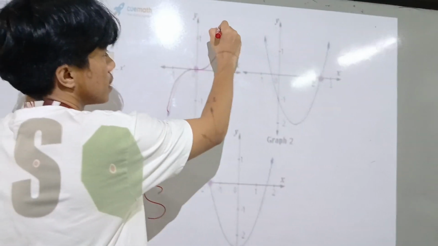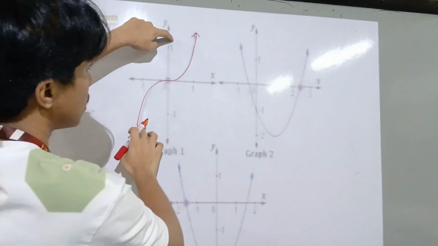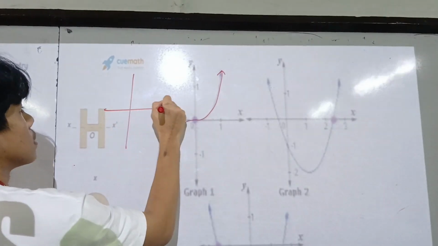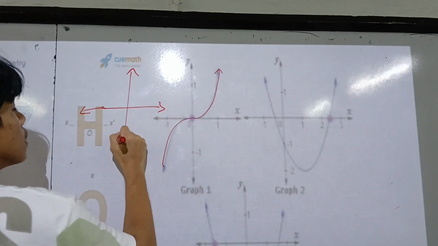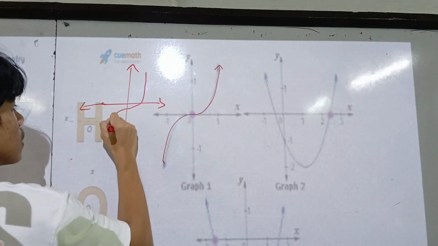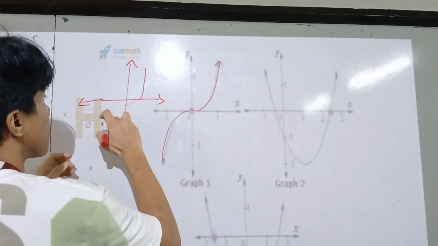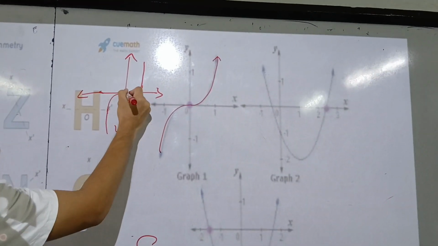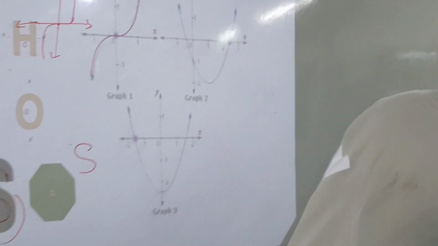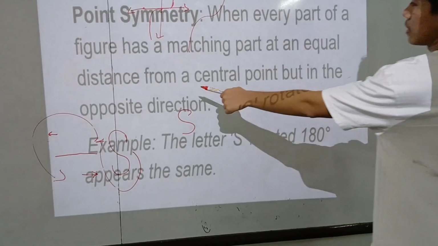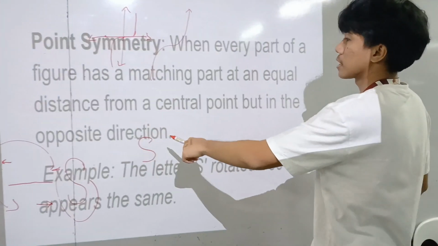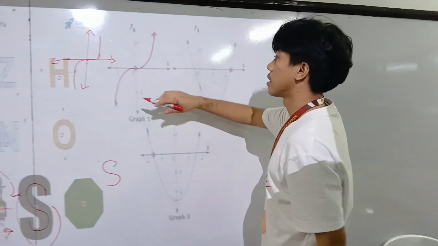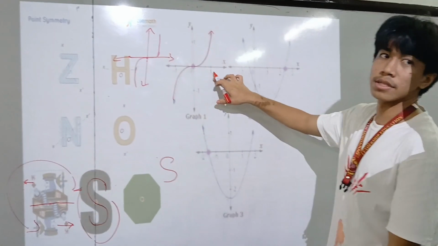When this part of the graph is rotated, it is still the same. We call this point symmetry, with a central point but in the opposite direction, so it is still equal. Wherever you rotate it, this part is similarly the same.